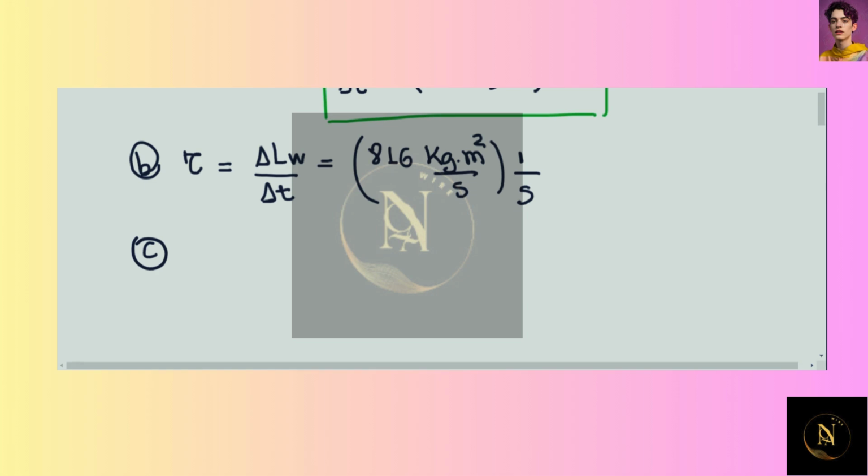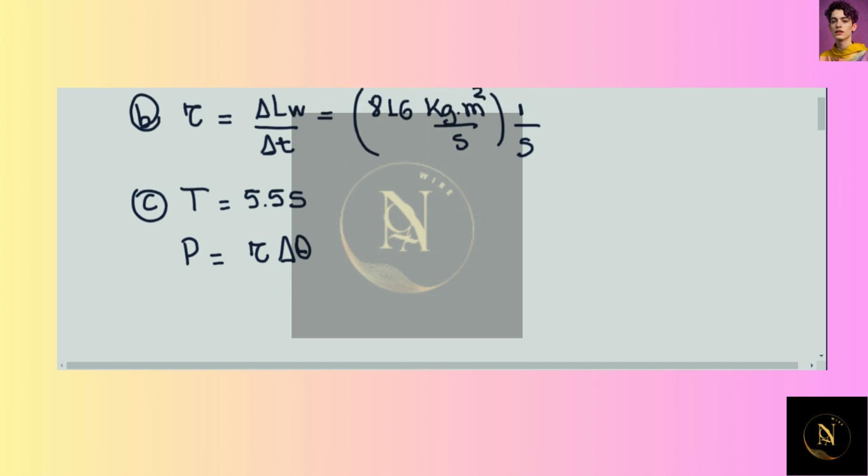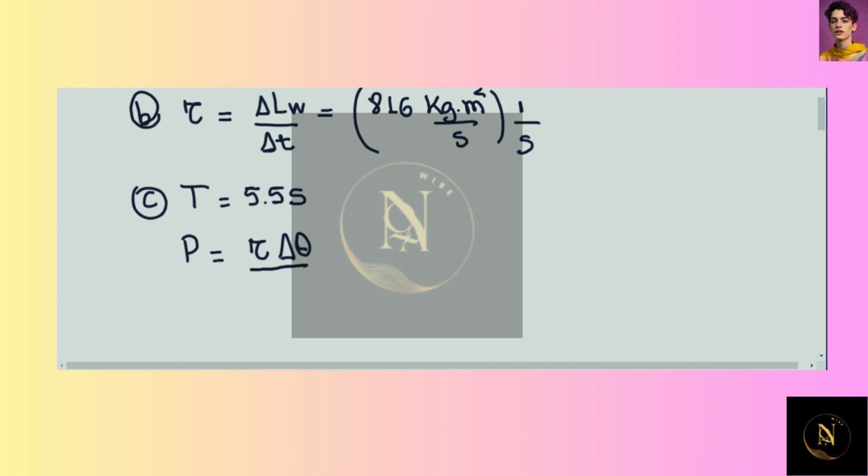And then in question C, we have to notice that the water wheel takes a time of 5.5 seconds to complete one revolution. So the period is 5.5 seconds. And our goal is to calculate the power delivered by the wheel. The power must be equal to the torque times delta theta. Remember that this is the energy delivered to the wheel, divided by the time that it takes for this energy to be delivered.